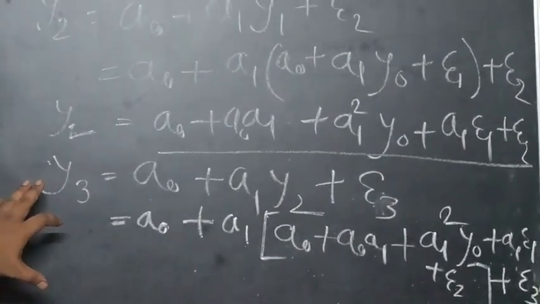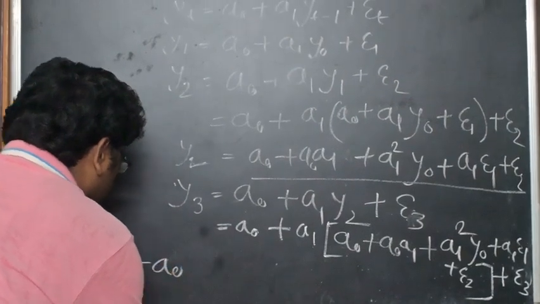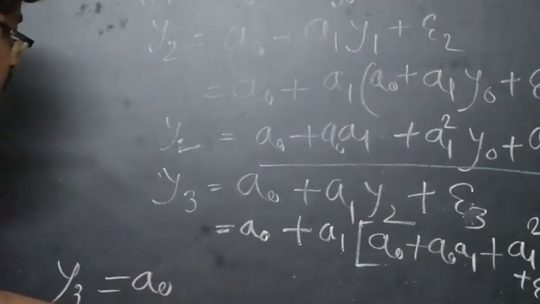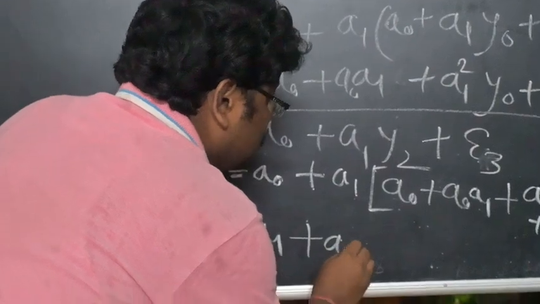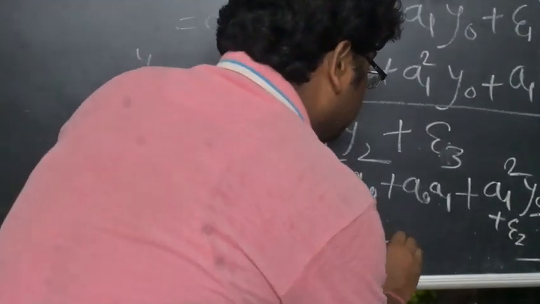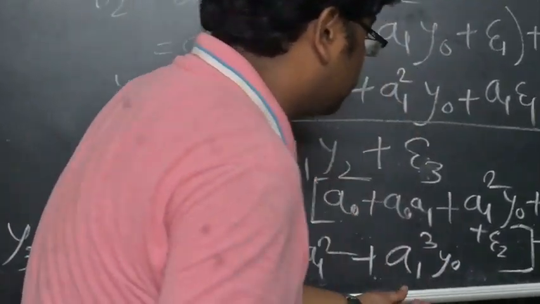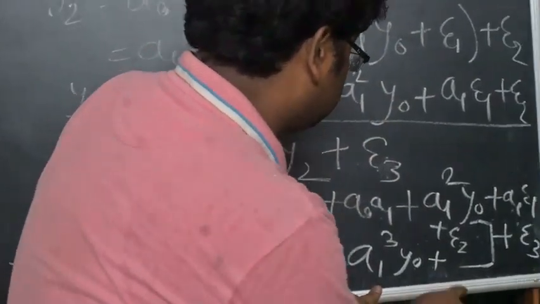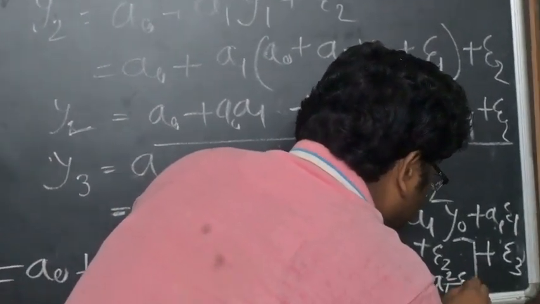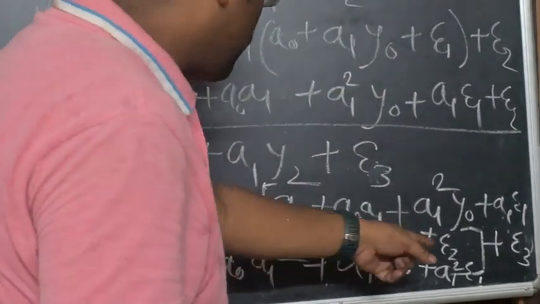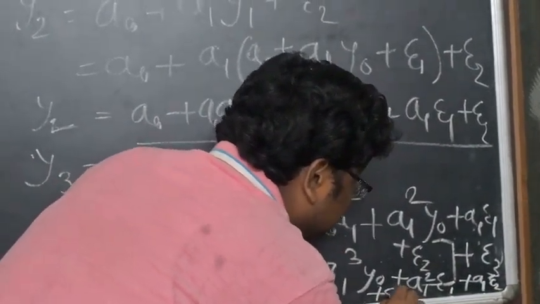Now you can simplify this in such a way: y3 equals a0 plus a0 a1 plus a0 a1 square plus a1 cube y0 plus a1 square epsilon 1 plus a1 epsilon 2 plus epsilon 3.